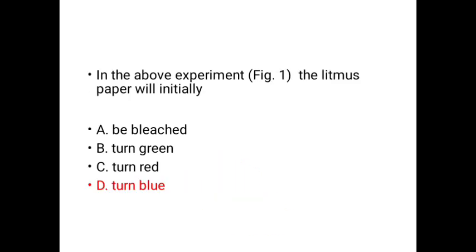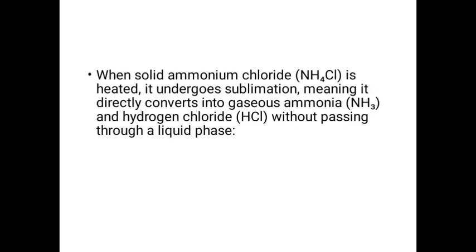The correct answer is the litmus paper will turn blue. Now, when solid ammonium chloride is heated, it undergoes sublimation, meaning it directly converts into gaseous state without passing through the liquid phase.